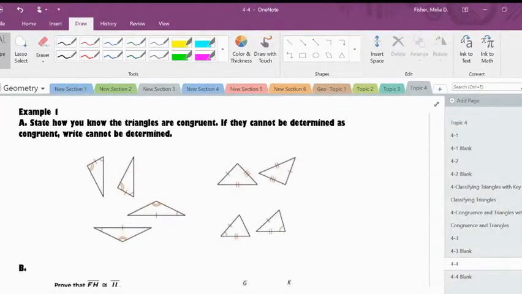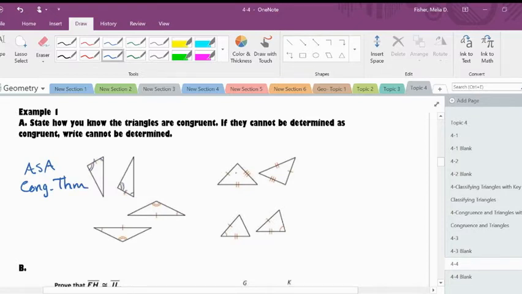Example 1. State how you know the triangles are congruent. If they cannot be determined as congruent, write cannot be determined. In this first pair, we have an angle, a side, and then an angle. So this is our angle-side-angle congruency theorem.